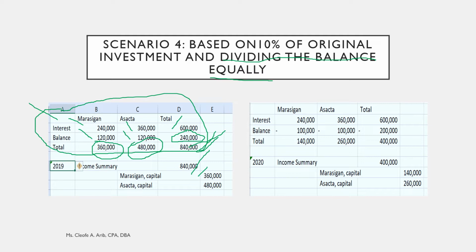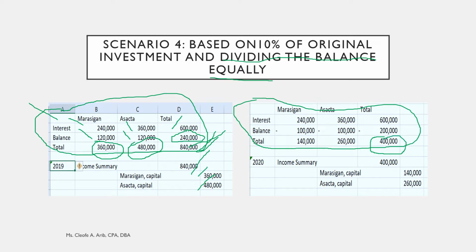Now, let's see. So, 2020. Sa 2020, again, saan magsimula? Ito yung table ha. Again, anong sabi ko sa inyo kanina para hindi kayo mawala when you prepare your table, lagay nyo agad magkano lang yung income na dapat paghati-hatian nila. Yan.